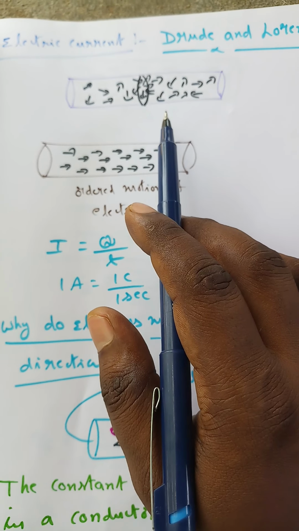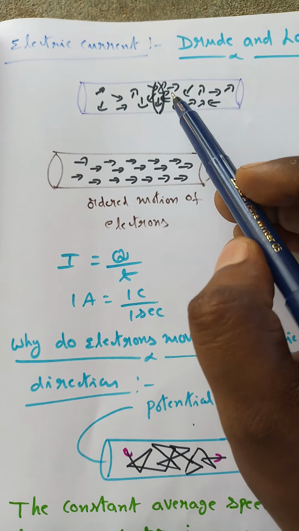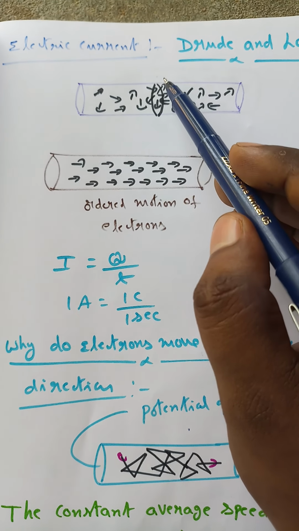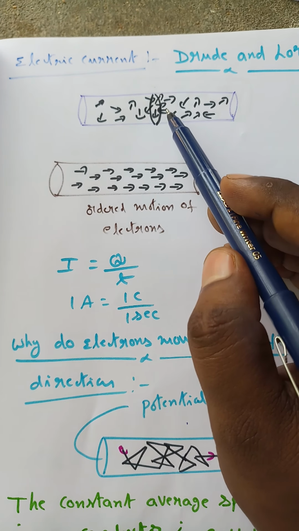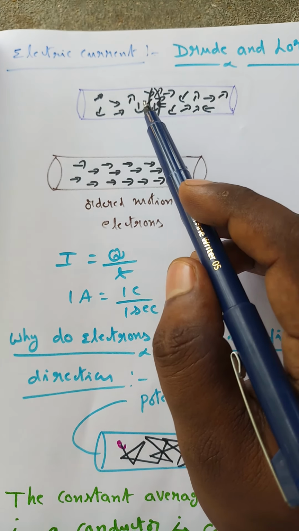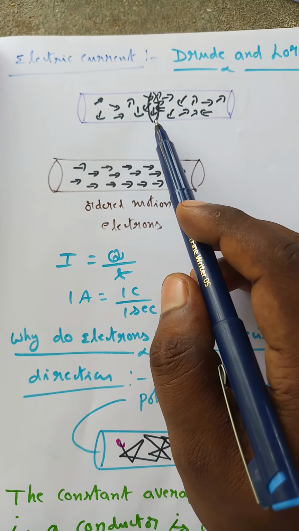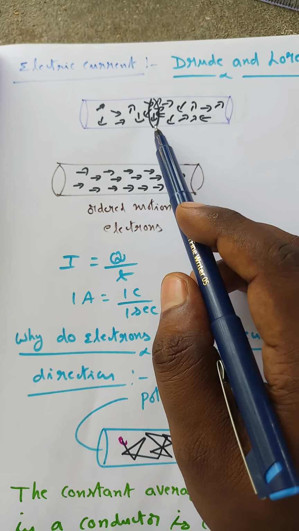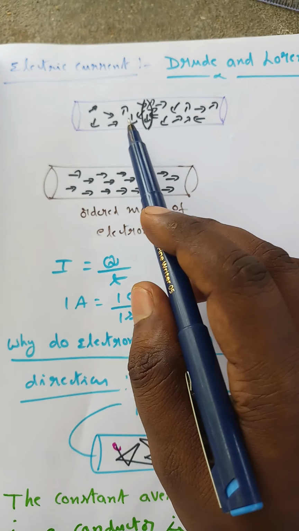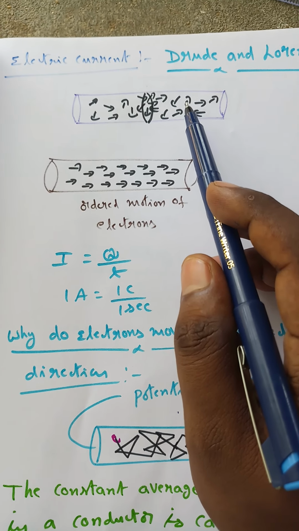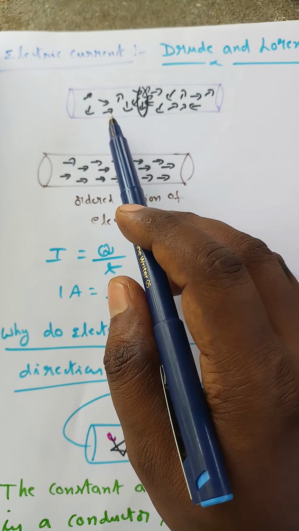Suppose you take any cross sectional area in a conductor. See here, there is no net charge flowing through this surface area, either from left to right or from right to left.